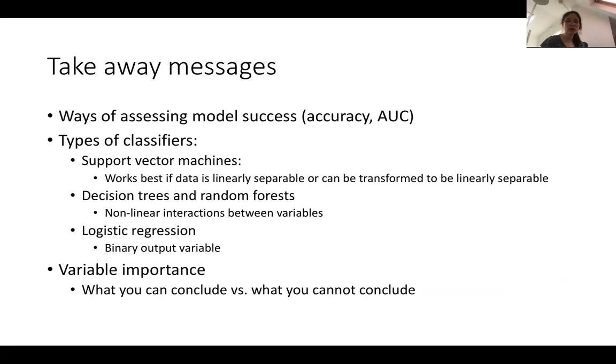We've also learned about random forests, which are very good when there's nonlinear interaction between variables. And we've learned about logistic regression, which is particularly well suited for binary output variables. We've briefly touched on how to interpret variable importance and what you can conclude and what you cannot conclude.